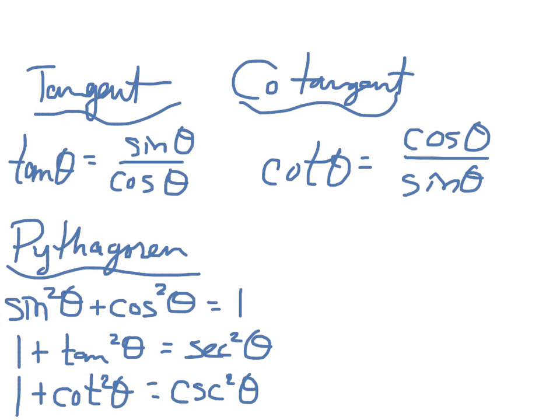We are going to use that type of identity exclusively today. We are going to use that mentality, using a squared plus b squared equals c squared, in order to figure out our answers today.